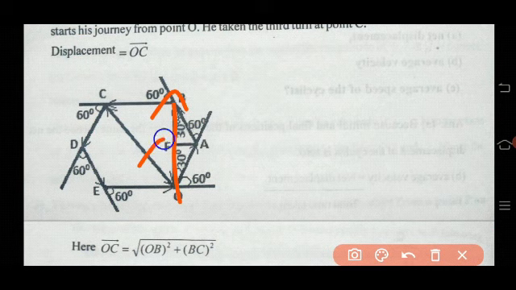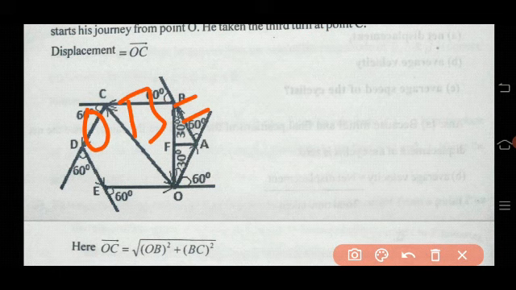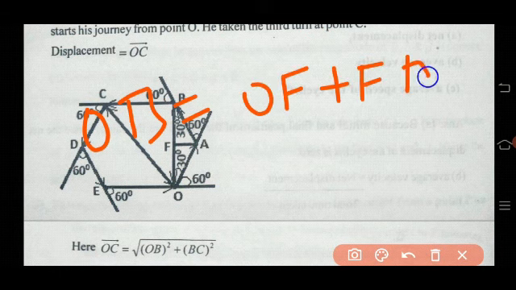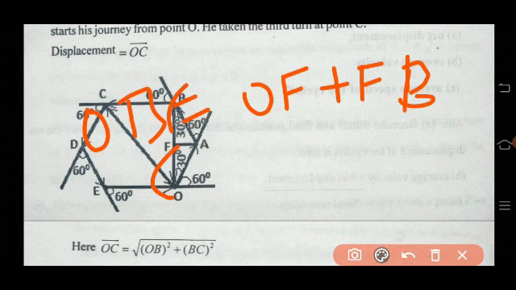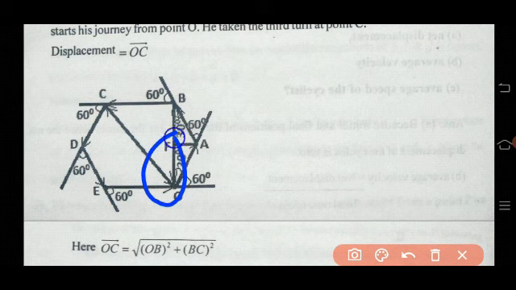We don't know the length of OB. As in the earlier case, we can split OB as OF plus FB. Clear? Understood? So what is OF?